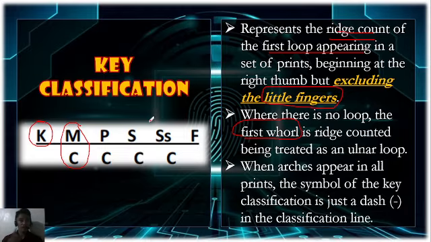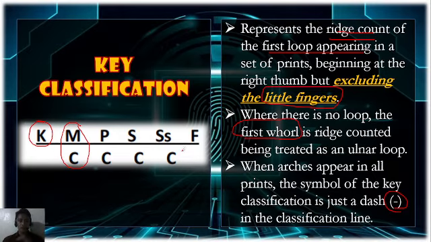What do we do? It is simple: we put a dash on the classification line. That is all we do just in case no loop pattern or whorl pattern is found in the set of prints, that is, if only plain arches or tented arches are seen.